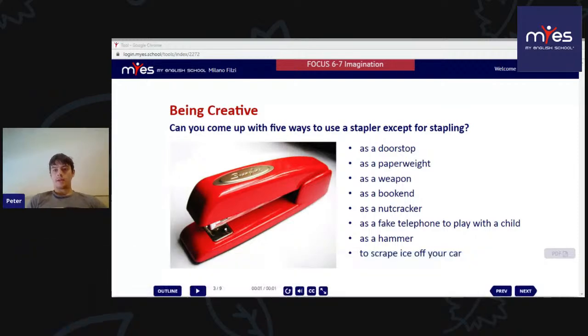A bookend is something that stops books from falling over. If I remember, I think a bookend is a ferma libri in Italian, but I am not sure.